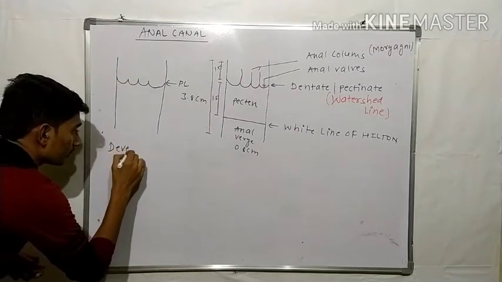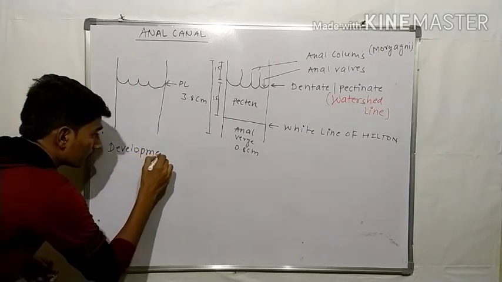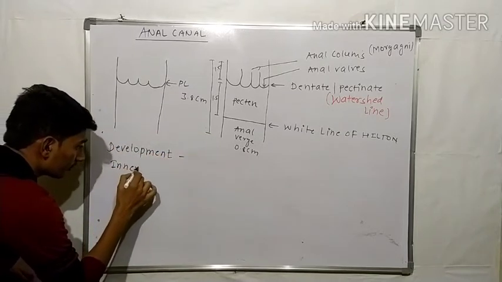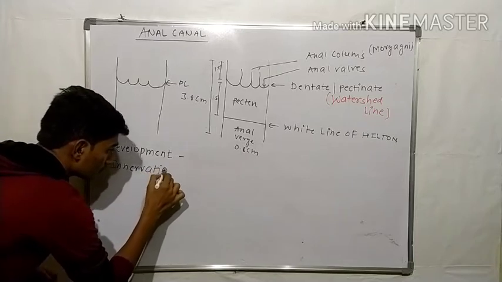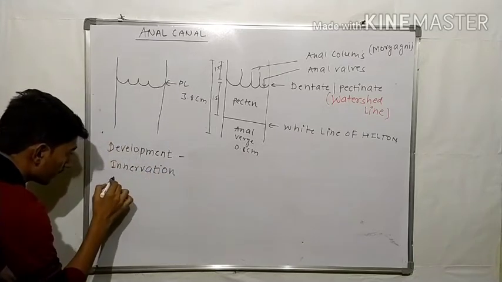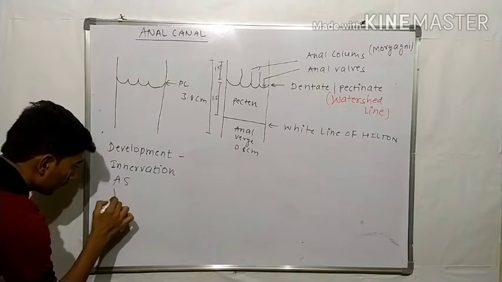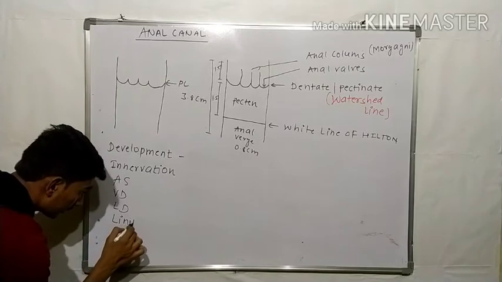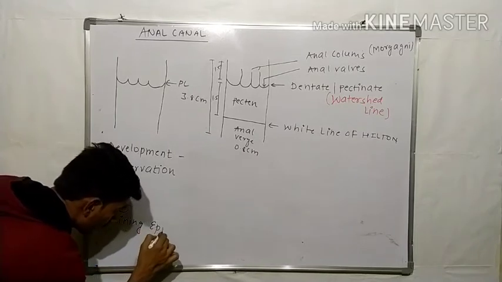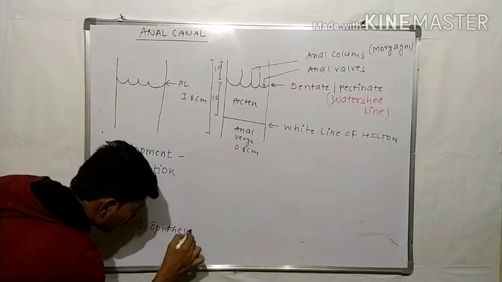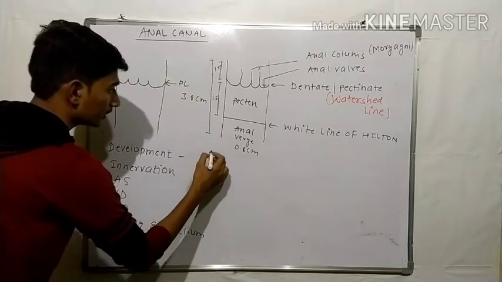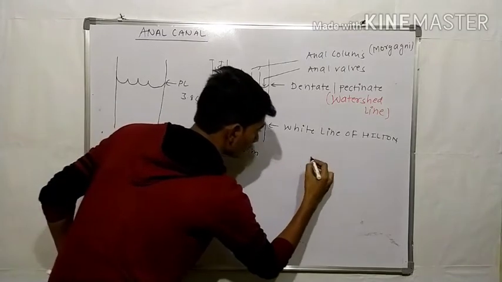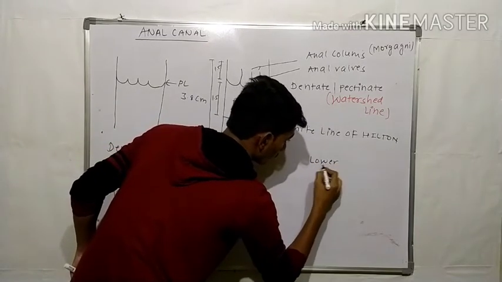First is development, second innervation, then arterial supply, venous drainage, lymphatic drainage, and lining epithelium. This is for upper part, and this is for lower part.